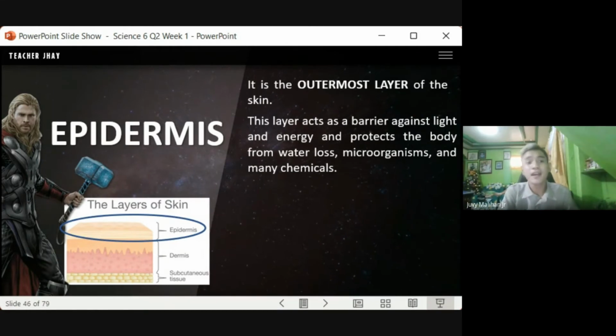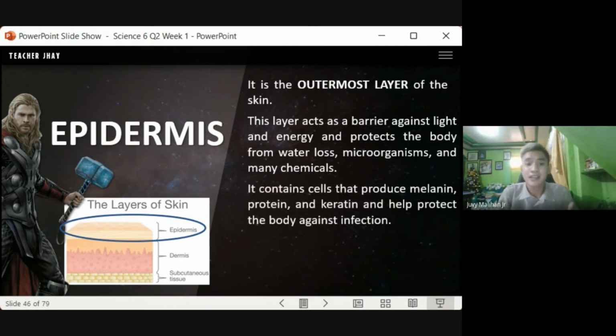Next, the epidermis contains cells that produce melanin, protein, and keratin, and it also helps protect the body against infection. Now, what is melanin again? What is it responsible for? Very good. It is responsible for the skin color.